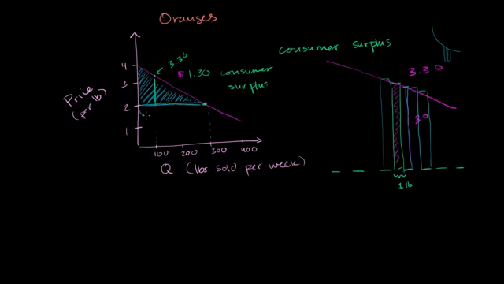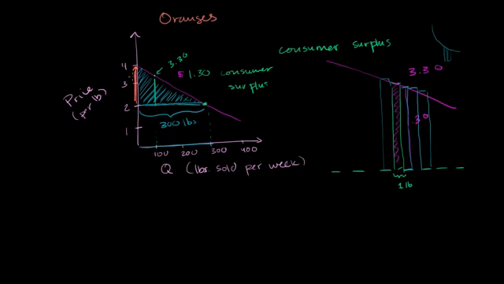So this right over here, you have a base of 300. This length right over here is 300 pounds, and then our height over here is 2. We can just use the area of a triangle because this is a simple linear demand curve. We would actually have to use a little bit of calculus if this was a nonlinear curve.